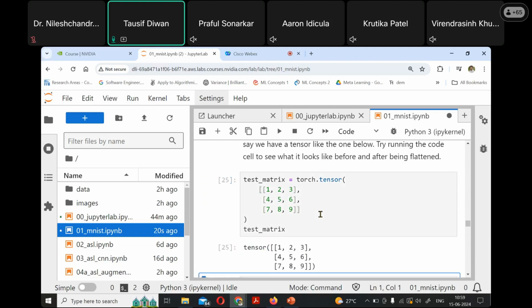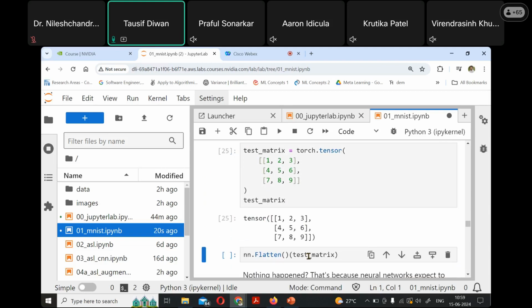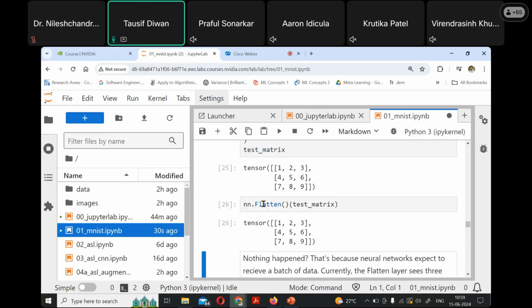Once we apply the flatten to this test matrix, we will see the output. Here we see it is not getting converted into a vector. Even after applying the flatten layer, it is not getting converted into a single vector. The reason is that it accepts the data in the form of batches.